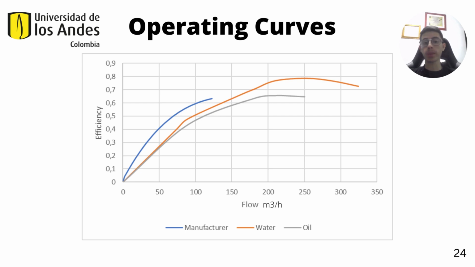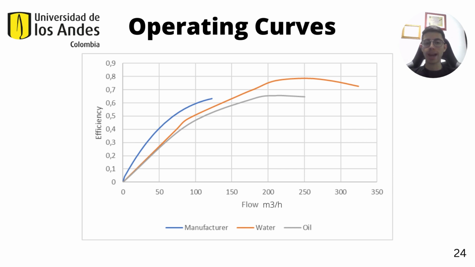Well, so when the operating range was located, we find the best efficiency point when the pump works with water and oil. First, the efficiency of water is 79%. It was obtained at a flow of 252 cubic meters per hour. Finally, the efficiency of mineral oil is 66%. It was obtained at a flow of 217 cubic meters per hour.